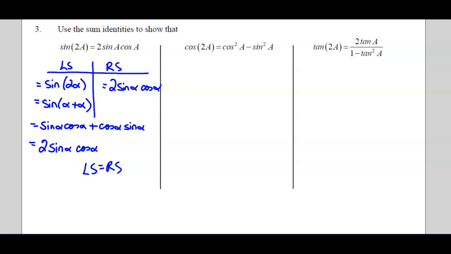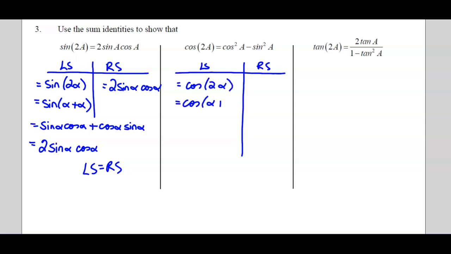The same for cos. For the sum of 2 angles in cos, it's cos cos, sine sine. If that's a plus, then it's a minus in between.